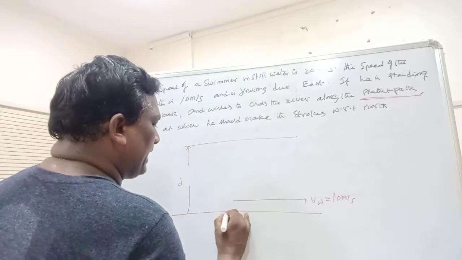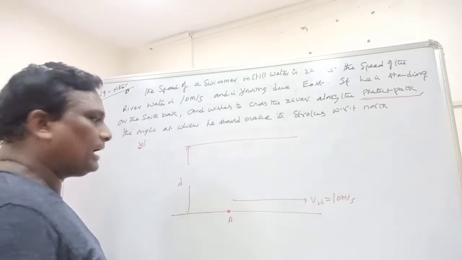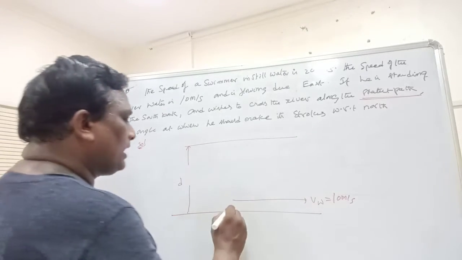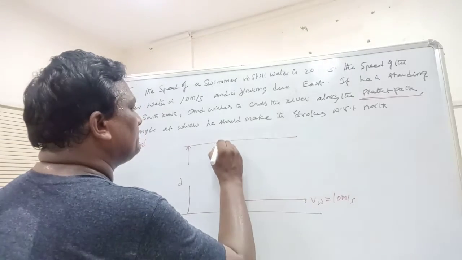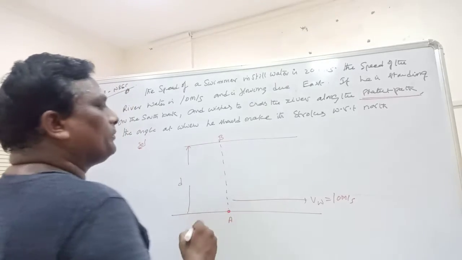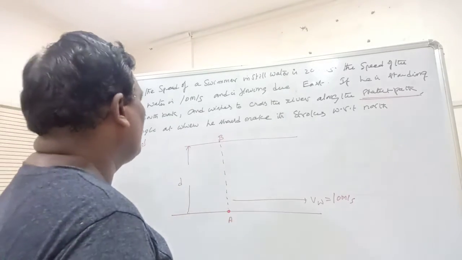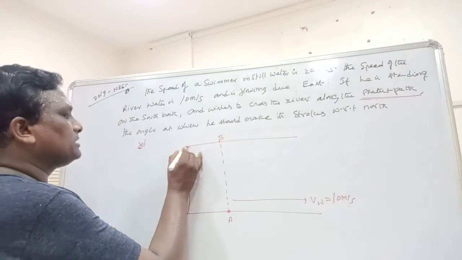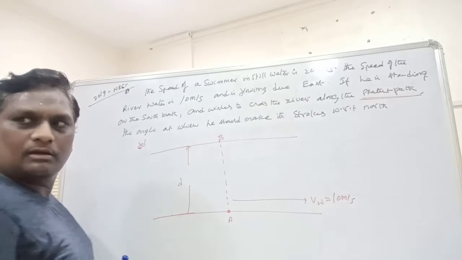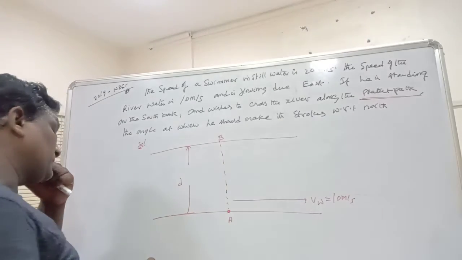Now the man is at bank A. He wants to reach exactly the opposite bank at point B. In which direction he has to swim, that they are asking.